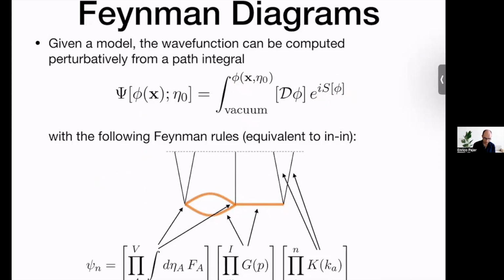And the theory is the one that tells you what vertices should appear here. So those are theory dependent. G are bulk-to-bulk propagators, and K are bulk-to-boundary propagators. So in principle, to any order you want, you can just sit down and compute this thing. So this could be the end of my talk to some extent.